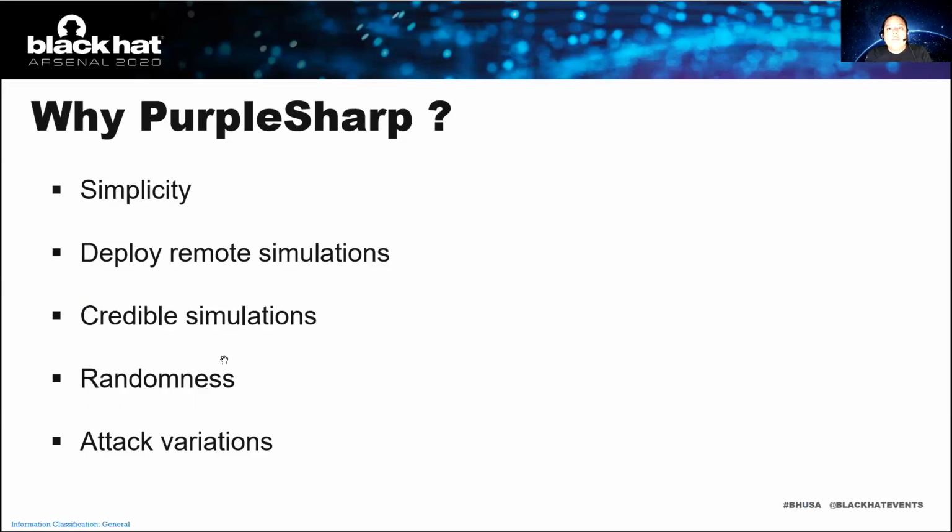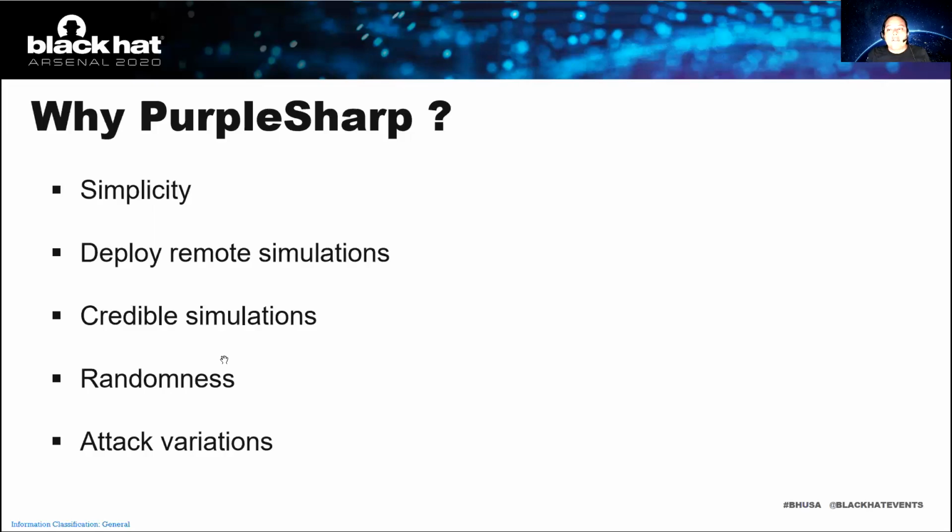I think it's really important for us to be able to deploy simulations on hosts that are remote to our office or to where we're running the simulations from. I have seen simulation programs run from always the same fixed infrastructure, and if we do that, I feel like we're not testing end-to-end because you're assuming that the event pipeline is working. If we're able to test simulations on remote endpoints, on remote parts of our network, we can confirm if the event pipeline is properly working in that part of the network.